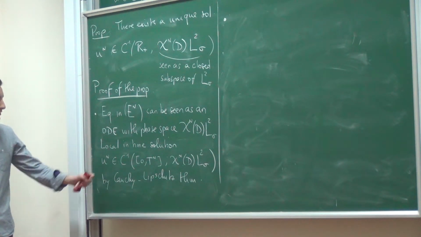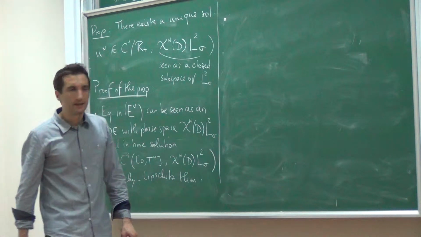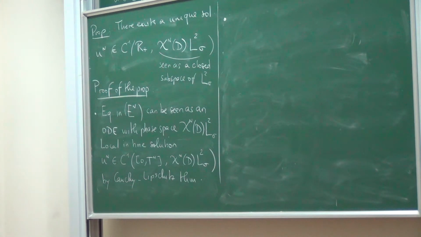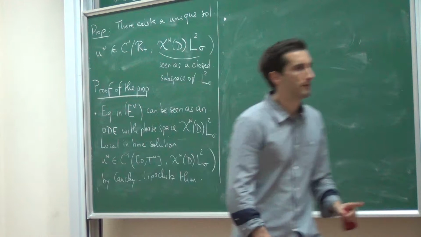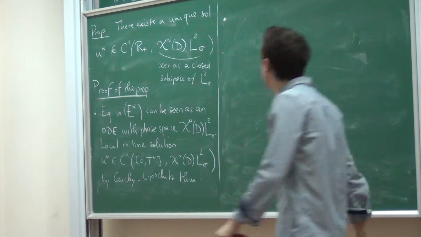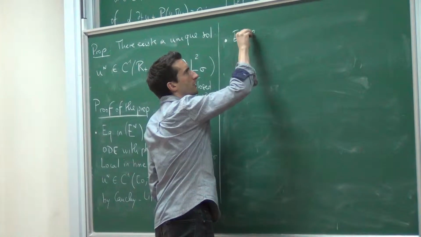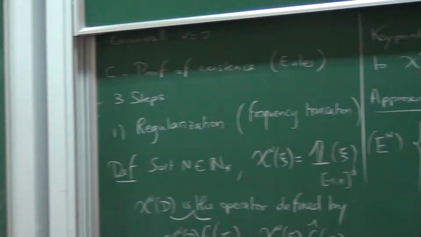It's enough to prove that the L2 norm of UN does not go up. And why is that? It's because on this equation, and the divergence of u should be 0 here, I can perform again an energy estimate.